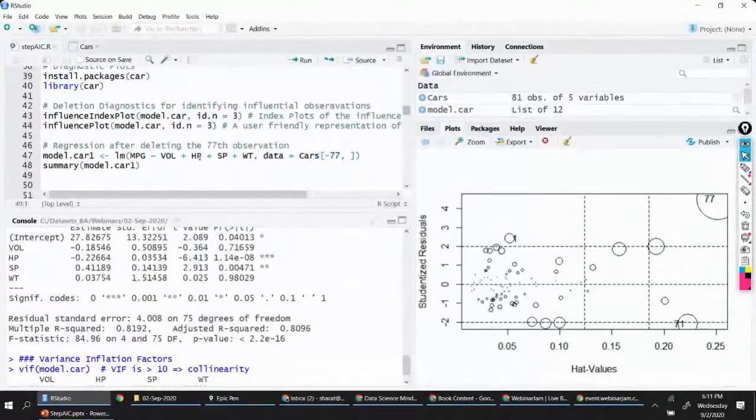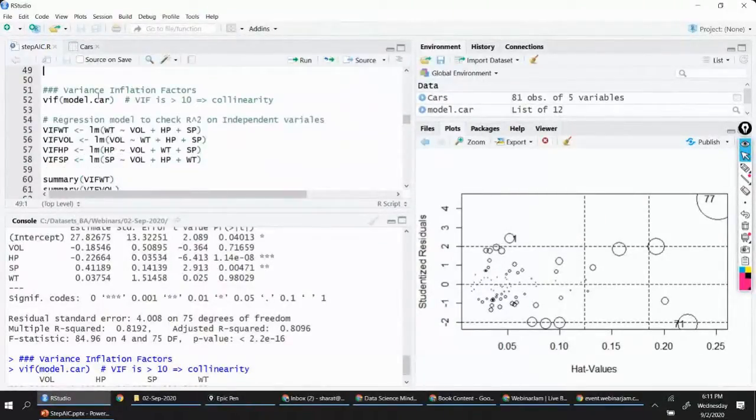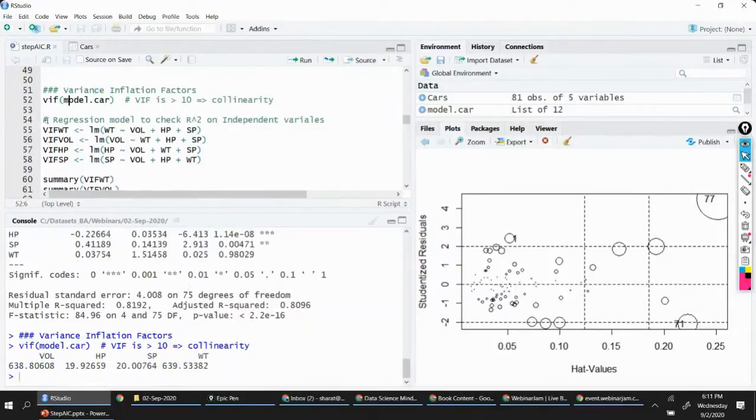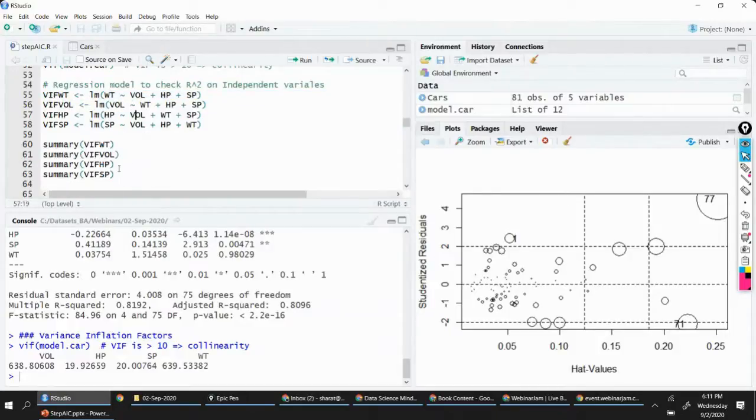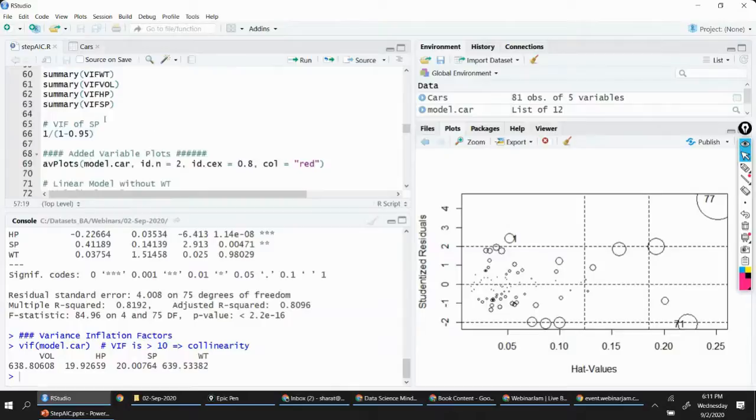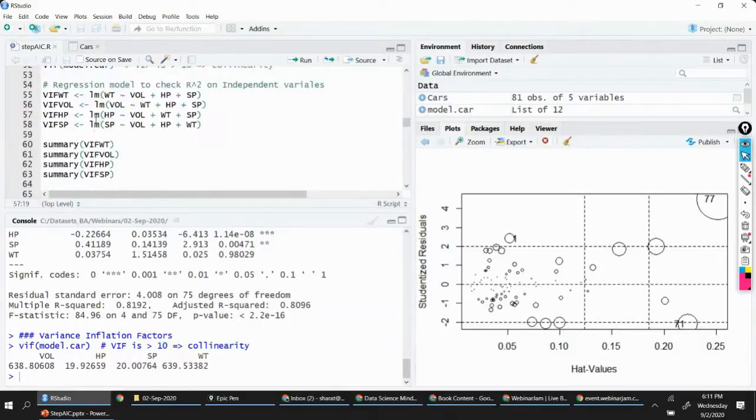Now, before that, manually, you can try and do this VIF, which captures the collinearity between the variables. VIF is calculated using this logic. We develop a linear model among the input variables, and we capture the R squared value from that, right?